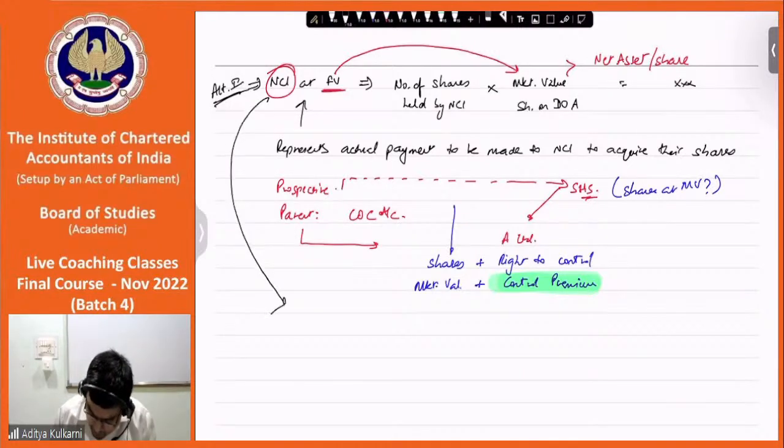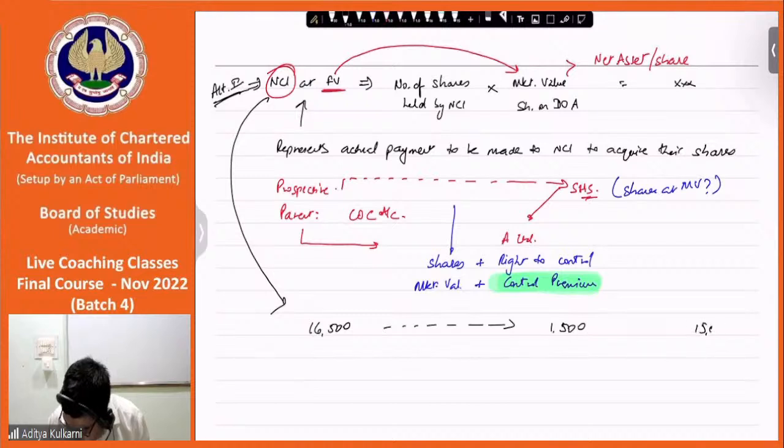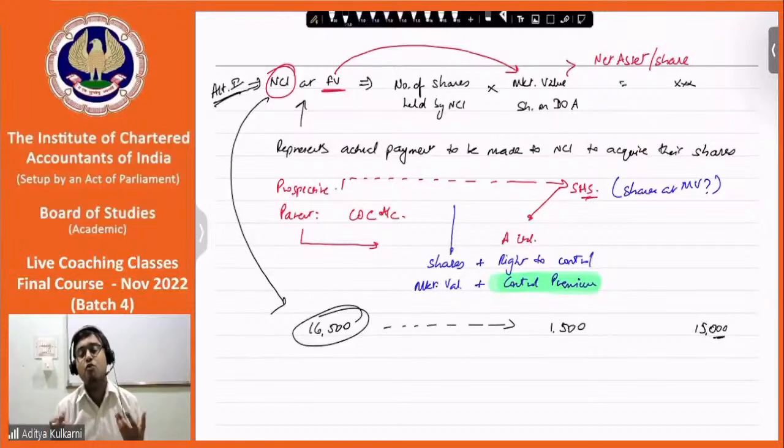In that example which we discussed in the question, the NCI was appearing at 16,500. The goodwill attributable to NCI was 1,500. That does not mean I can net it off and show it as 15,000. You can net it off only when you intend to settle it on a net basis. Here my intention is to show this at 16,500 because I am following the full goodwill approach.